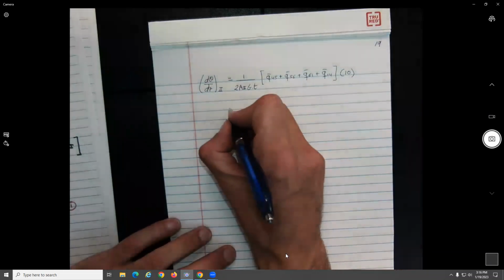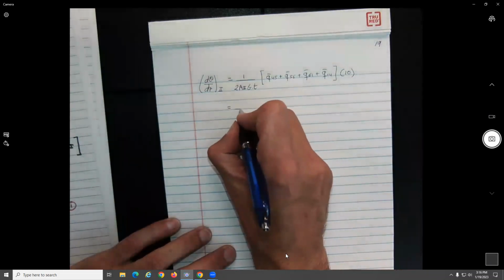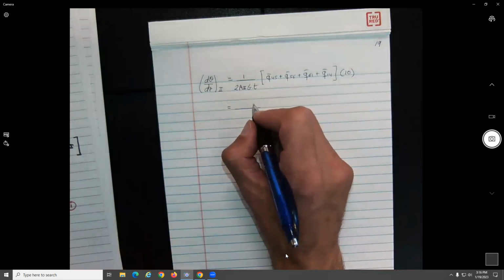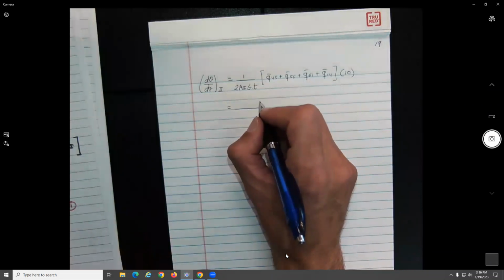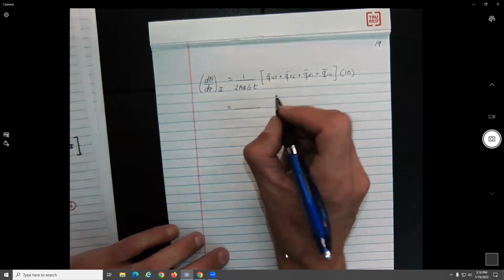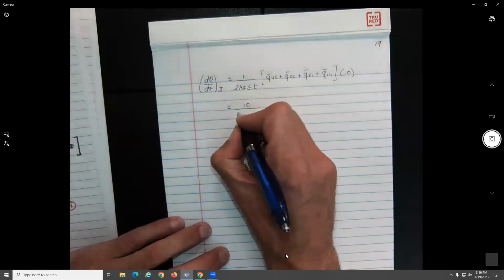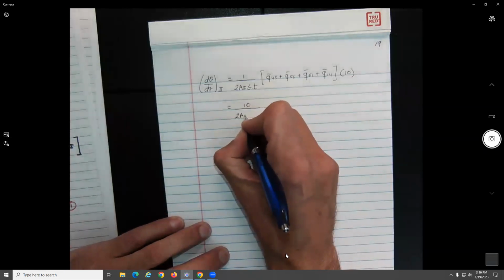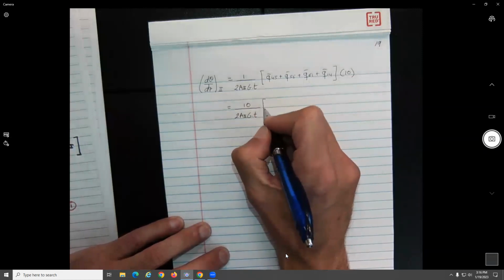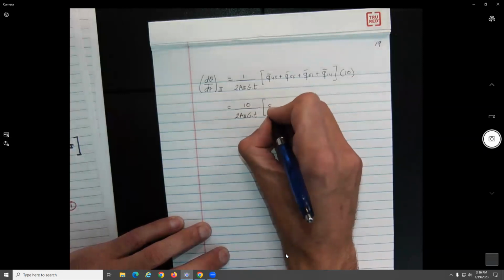I just substitute, so it will give you, with the same notation as before, 10 over 2 A2 GT times Q 4-5, which will be Q2.